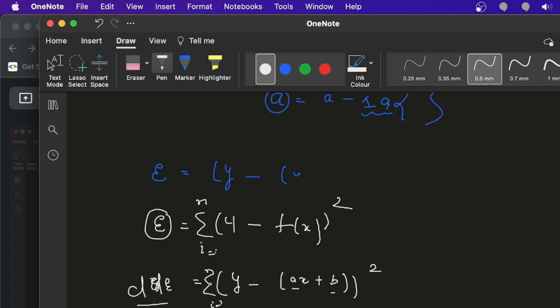I am ignoring the summation and choosing only one data value. You compare it with 0, because this derivative should be 0 for the minimum.